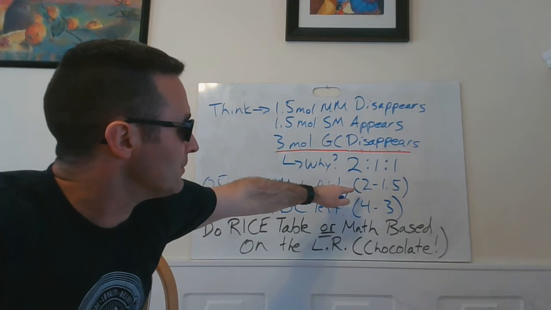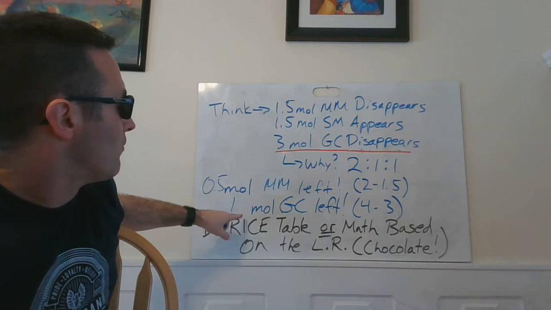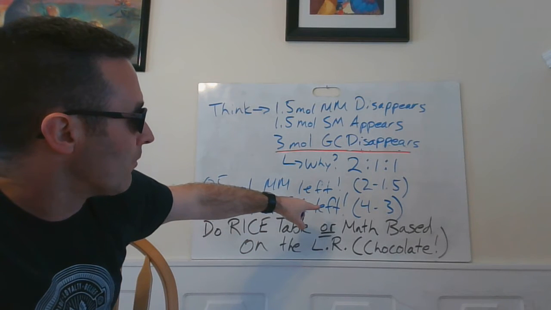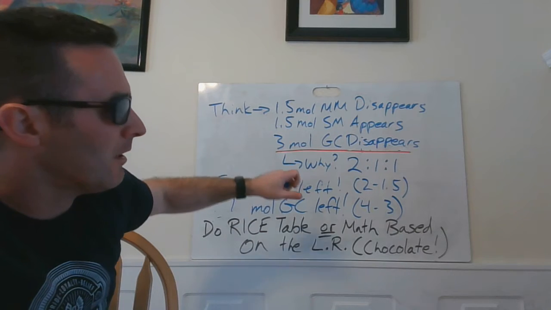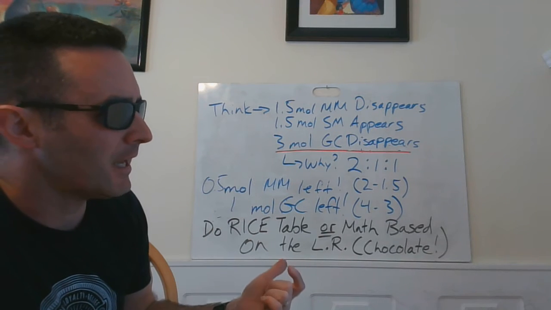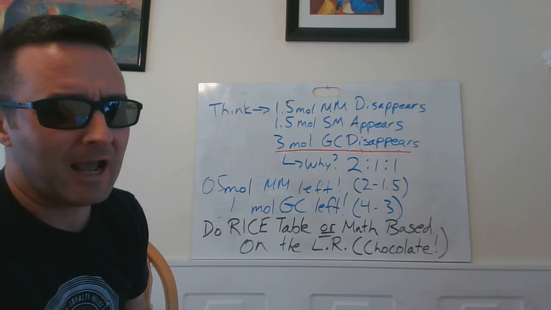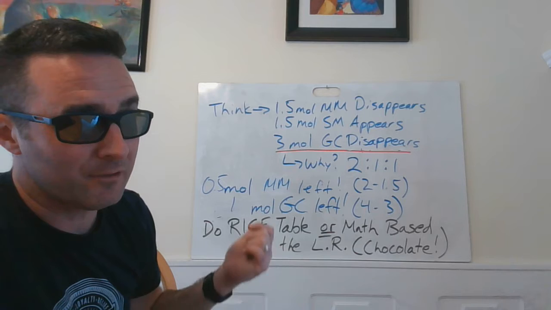Well, you started off with 2 marshmallow and you lost 1.5. For the graham crackers, you started off with 4, but you're only going to have 3 left. Again, why are you going to use 3? Well, you're running through the reaction. You started off with 1.5 chocolate, so double that is going to be 3.